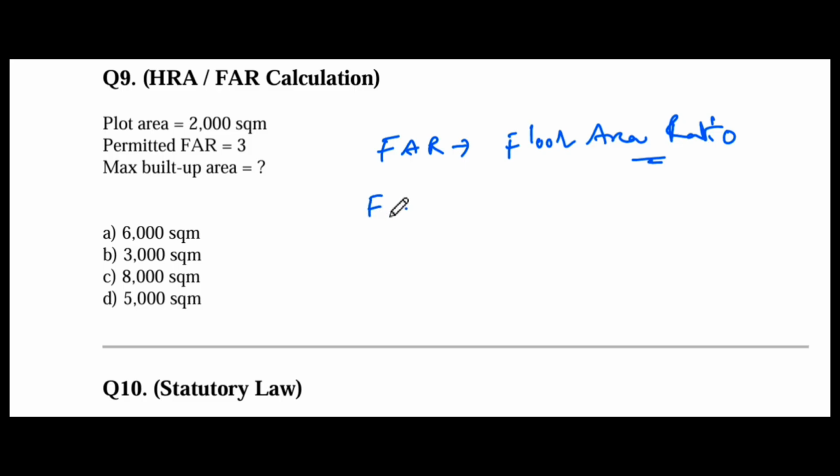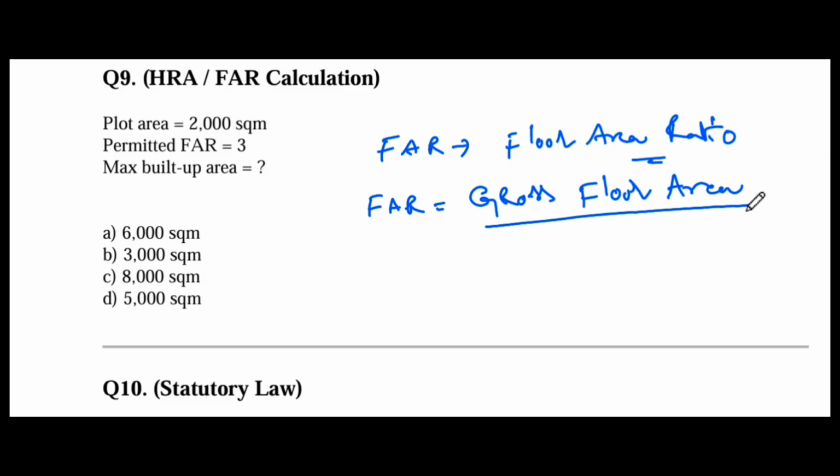FAR is equal to gross floor area divided by total plot area. So the FAR is given as 3.